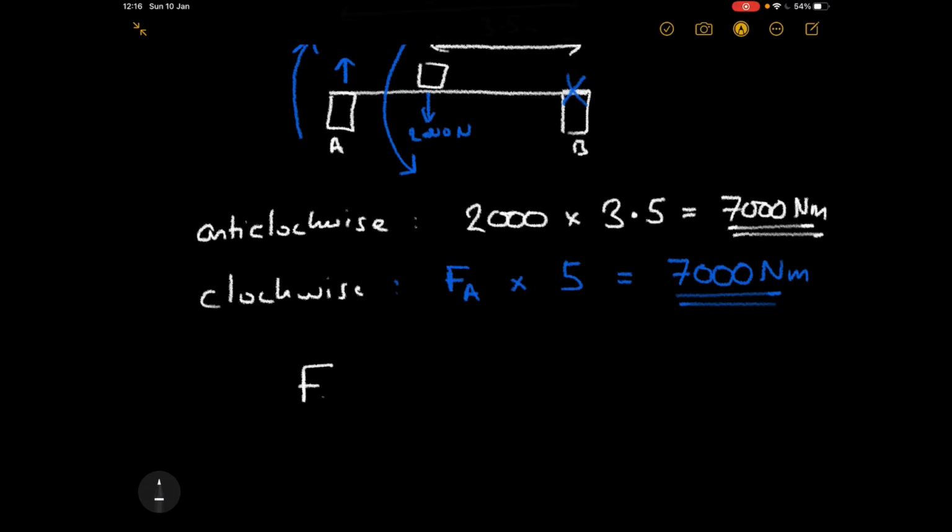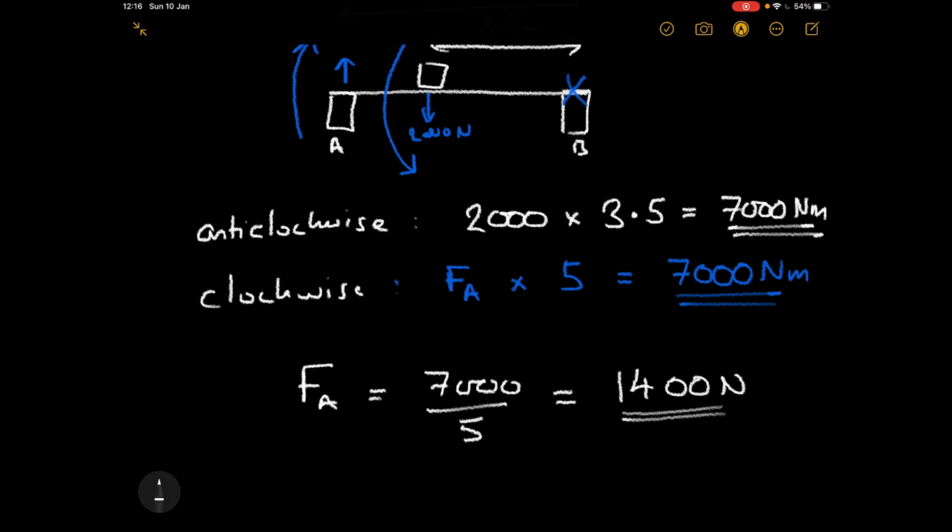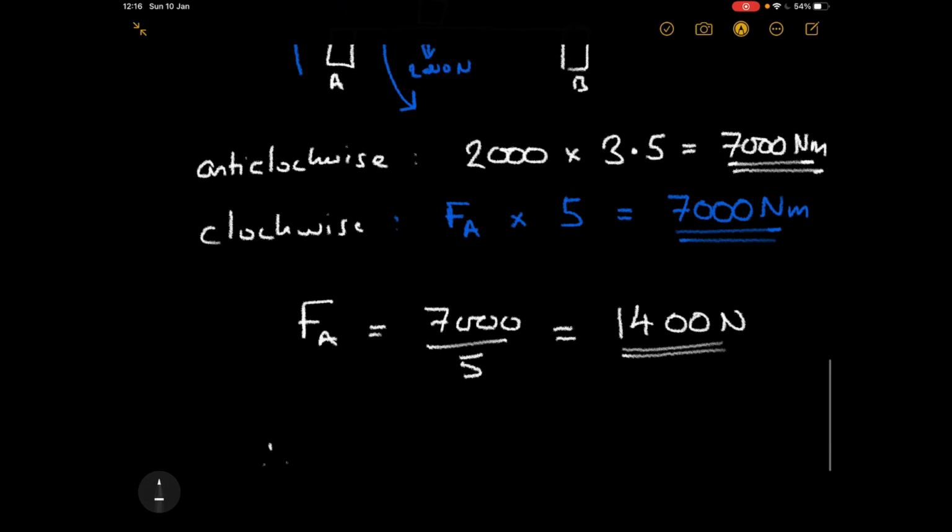And so force A is equal to 7,000 over 5, and yet again that equals 1400 newtons. So therefore force B must equal 600 newtons. And that's how we can solve the problem.